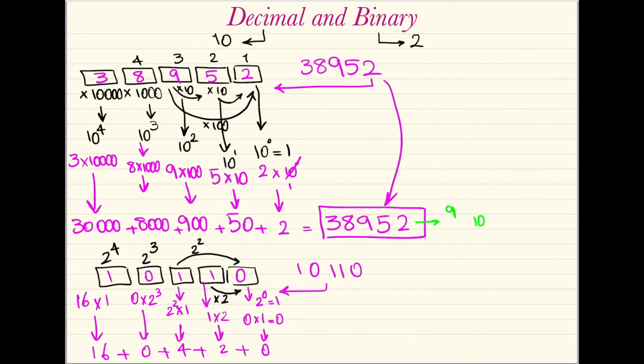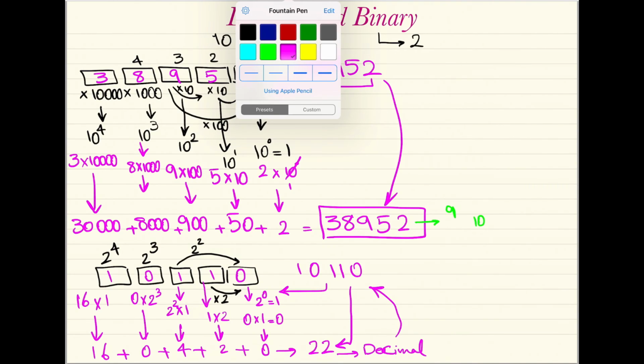Now I'm gonna add these numbers, and I'm gonna have 22. So this number means 22. So 22 in decimal is equal to 10110 in binary. Let's see if it's right.